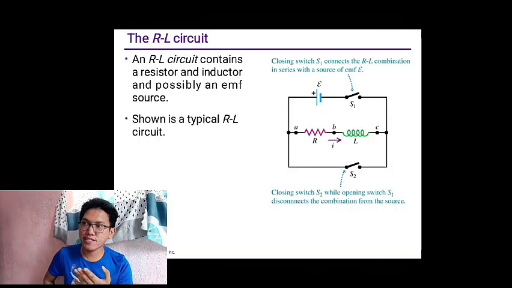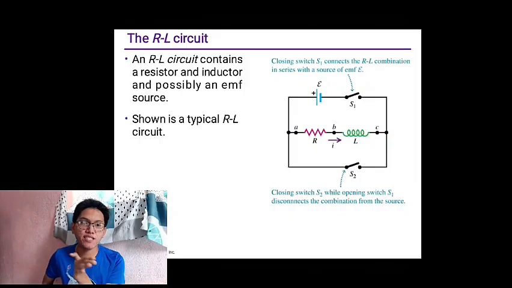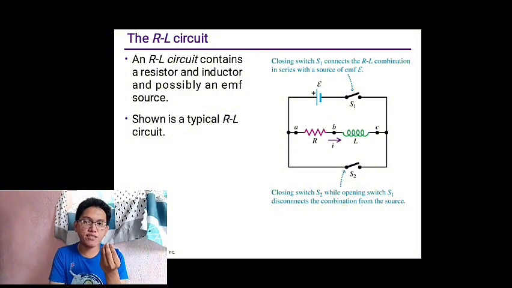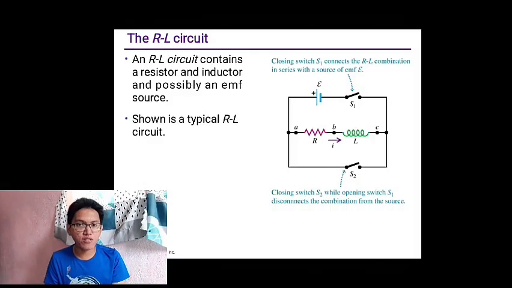When you say series, it is connected in a series; it doesn't have several branches, but it only flows in one direction. When the switch is closed, the current does not increase instantly because the inductor opposes changes in current.